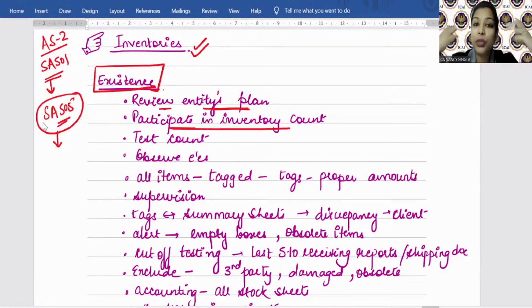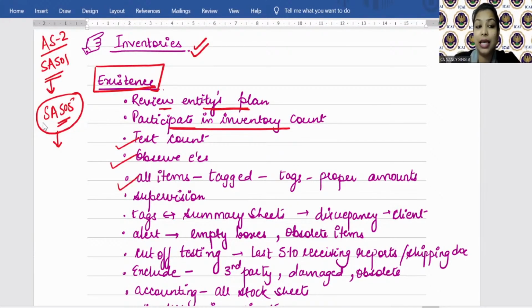Just try to visualize yourself in a situation where you are actually attending the physical inventory count. I'm sure you will quickly understand what is contained in these audit procedures. So he'll perform test counts and observe the employees.